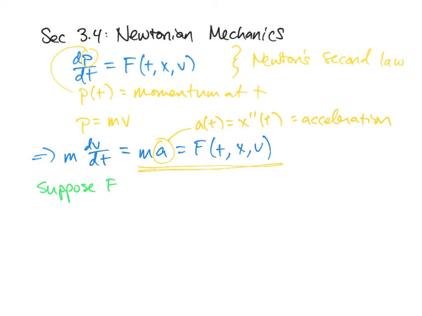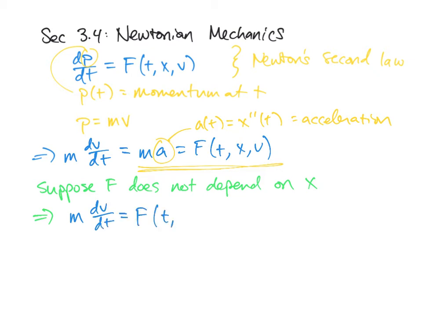So we're going to suppose F does not depend on x. Then we have a first order equation, m dv/dt equals f(t, v), and this is a first order equation in v.